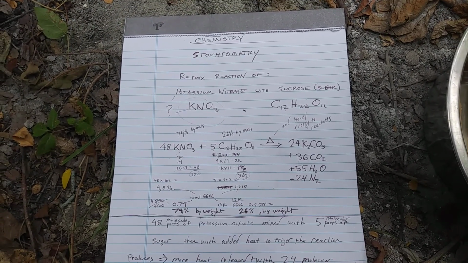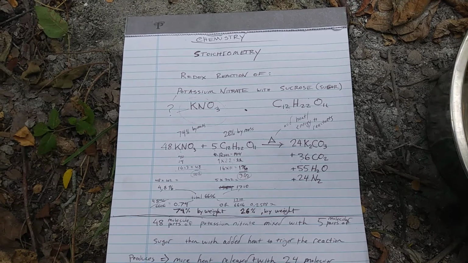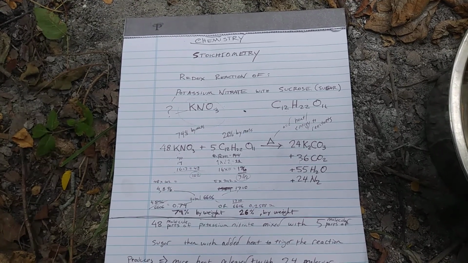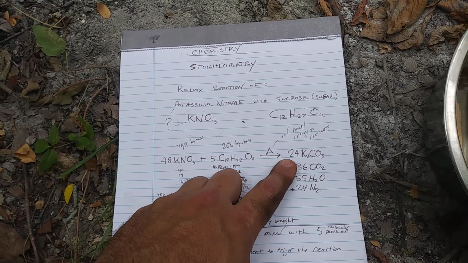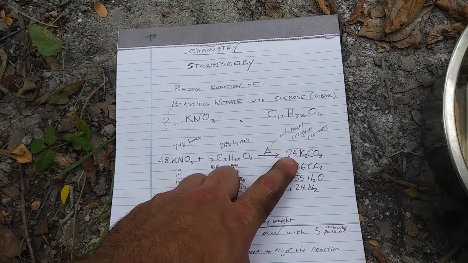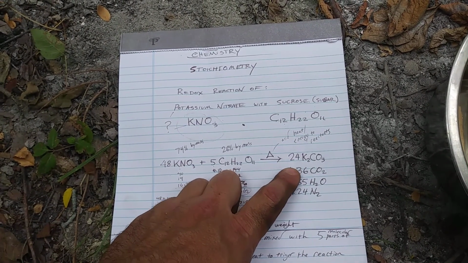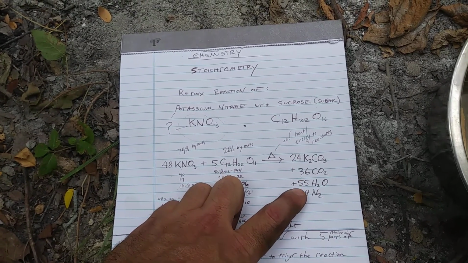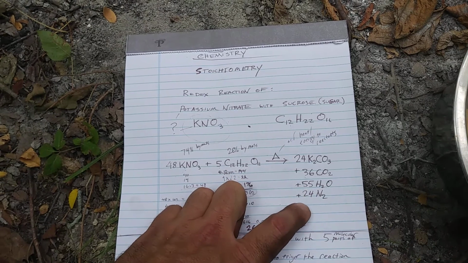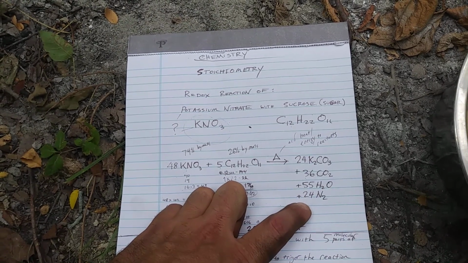In engineering, the triangle is called delta, and it means change. So after the process, we get a change, and we're left with 24 parts of potassium carbonate, 36 parts of carbon dioxide, 55 parts of water, and 24 parts of nitrogen.